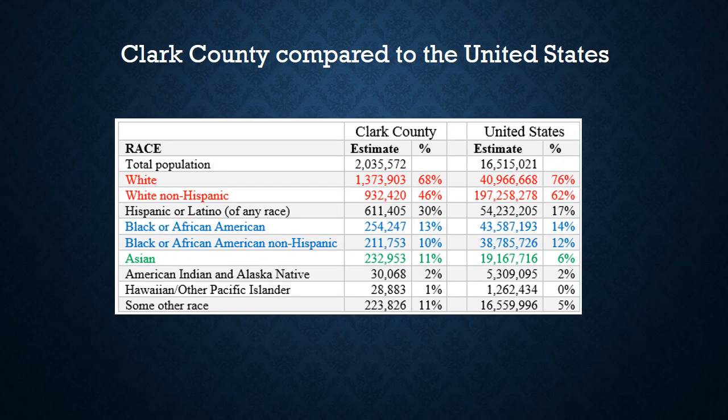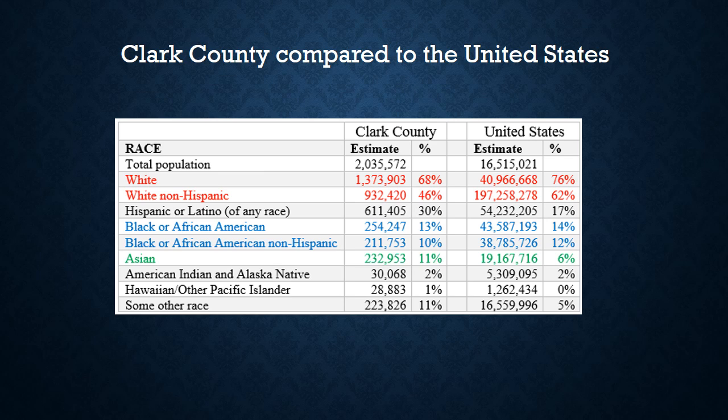In terms of race and ethnicity, Clark County is dramatically different than the United States. If we take a look at the white non-Hispanic population in Clark County, only 46% of the population is white non-Hispanic, compared to 62% of the population in the United States. Here in Clark County, according to the U.S. Census, 30% of the population is of Hispanic or Latino origin, where that's only 17% nationally.